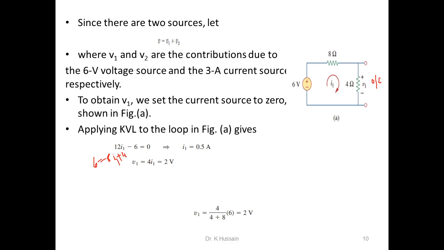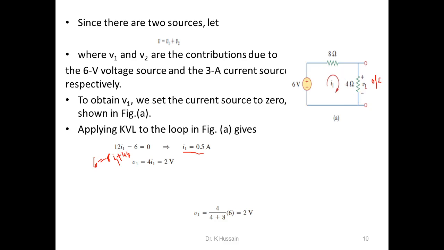There is no other current here, because the second one is 0, right? So I2 is also I1. Now when both are the same, that is 8 plus 4, 12I1 is equal to 6. So what is I1? I1 is 0.5. Because of series, the same current flows in this also.